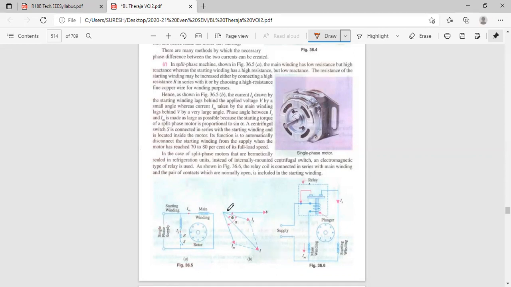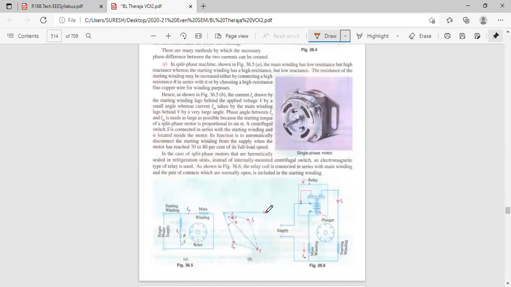On x-axis, I am taking the supply voltage V. If reactance is high, the angle in between V and Im is very high because power factor will be lagging. If heavy inductance is used, power factor will be lagging. So Im is lagging the voltage by more angle.